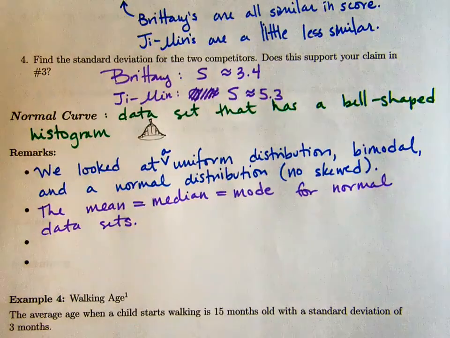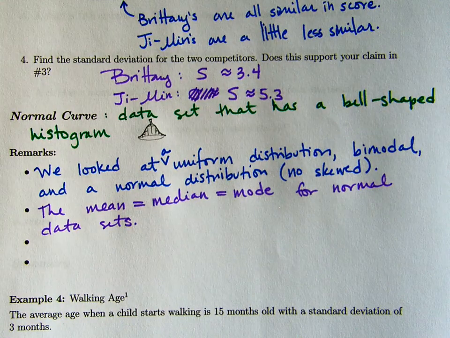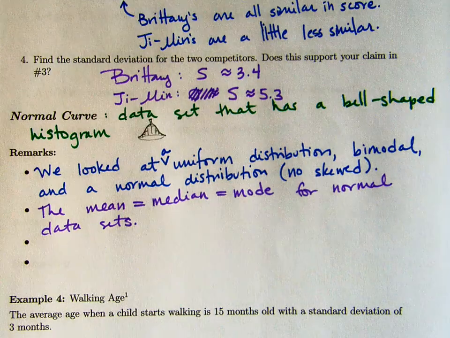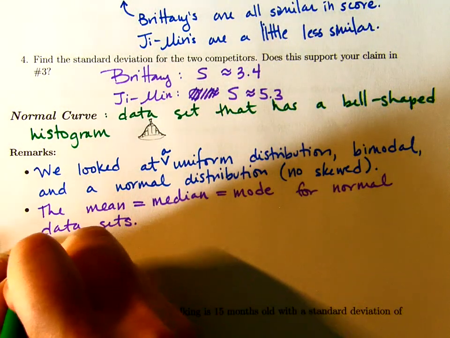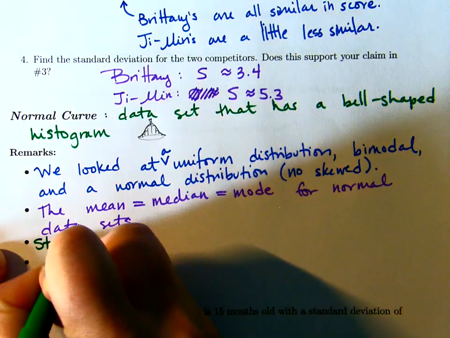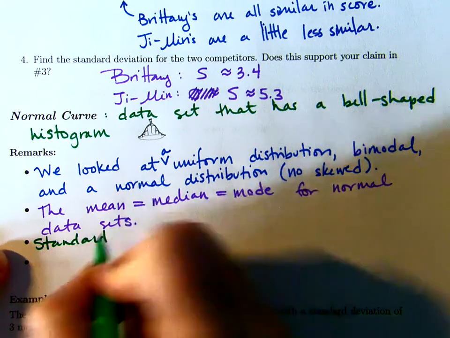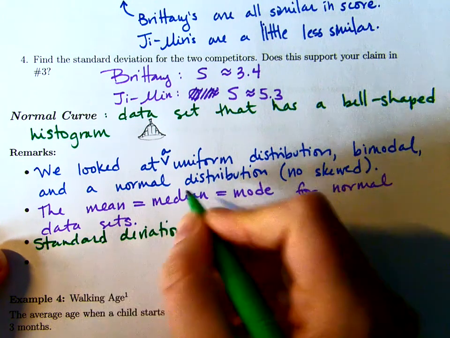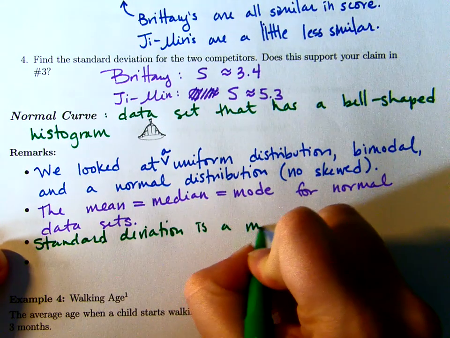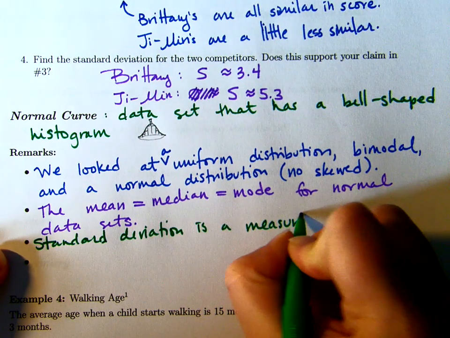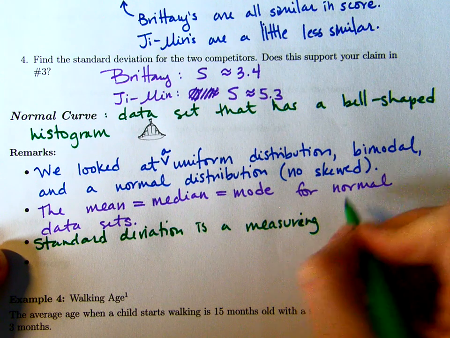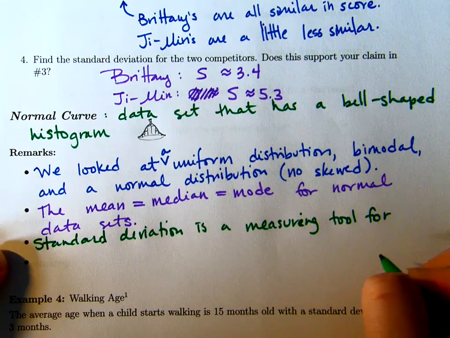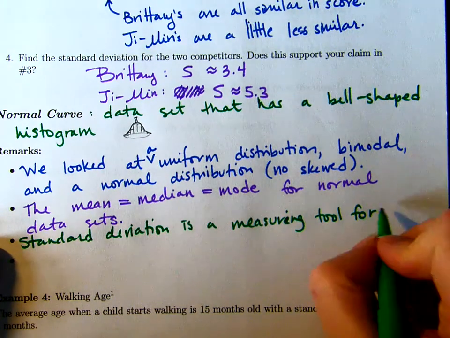Another thing that's remarkable is the standard deviation. It's just a tool we use to measure the data spread. So standard deviation is a measuring tool for spread, or deviation, if you will.